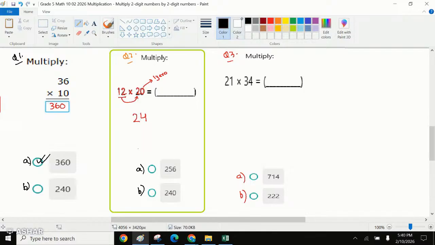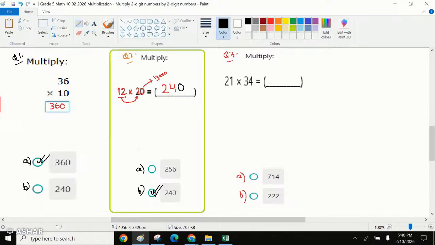And we simply put 1 zero, right? For question number 2, the correct option is B. Okay. Let's move ahead to the next.